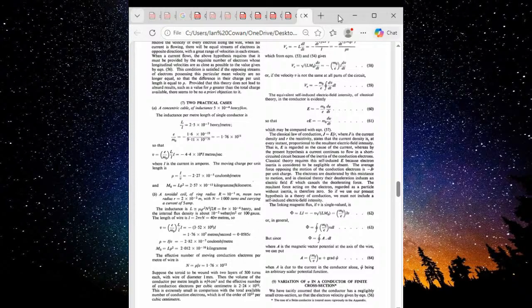So he uses a formula he's calculated on the previous page, and comes up with a mean velocity of 1.76 times 10 to the 7 meters per second, or in other words, about 0.0585 c, or 1/20th, about the speed of light.